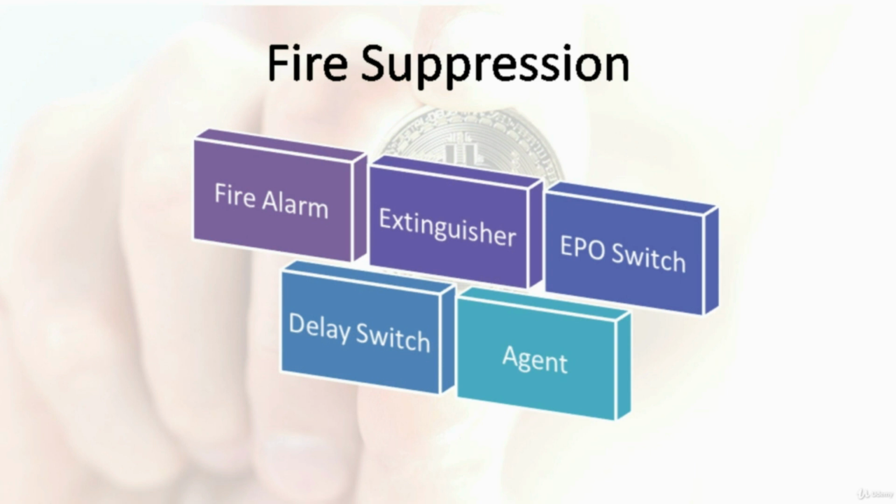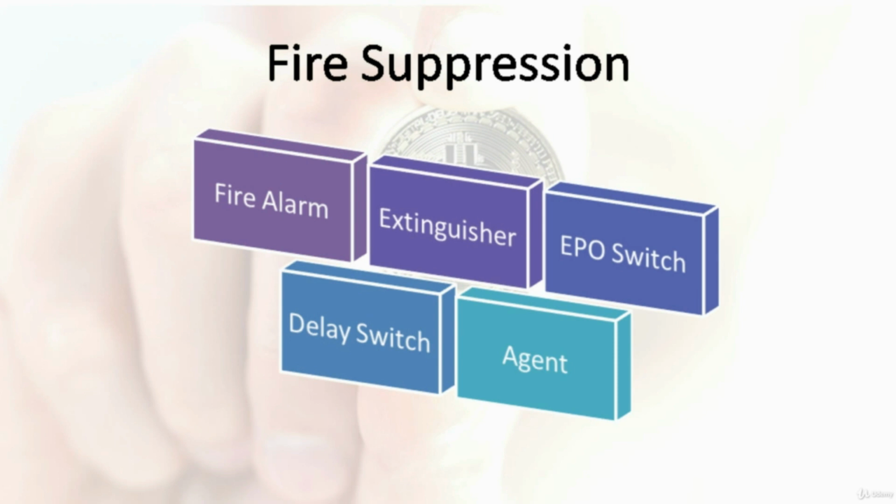In addition, in the case of a catastrophic event, such as the electrocution of a team member, there is also usually an EPO switch that needs to be installed in critical locations, such as a main entrance door, for manual power cutoff. Again, a lot of things here are to prevent harm to you or your team operating within the mining farm facility.